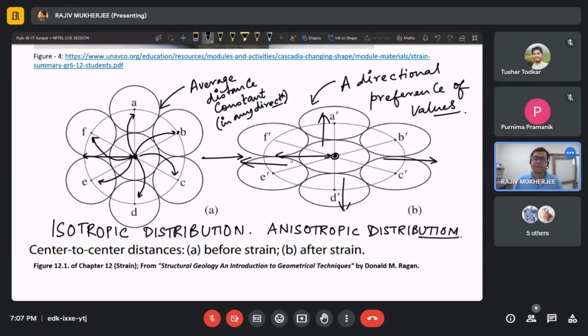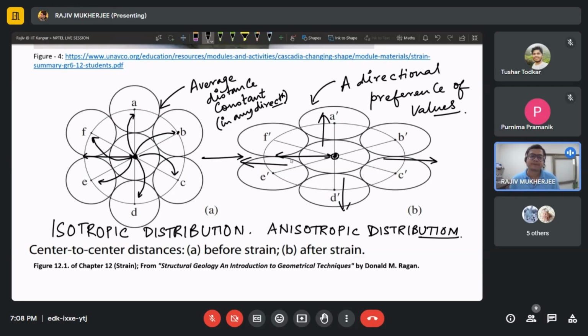So this is a very robust method that tells us that if there is no initial preferential orientation of markers, then just by analyzing their center to center distances from a fixed reference point, and then marking all those distances, if you see that the distribution of distances is anisotropic and has a preferred direction, then it is definitely deformed, because in undeformed samples the distances between center to center of particles, grains or markers, whatever they would be, would remain the same.